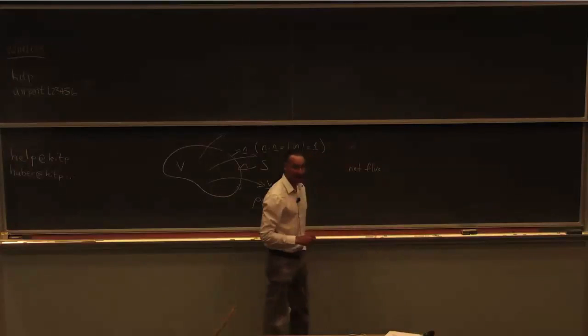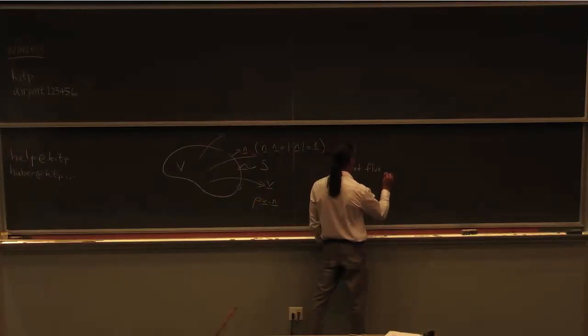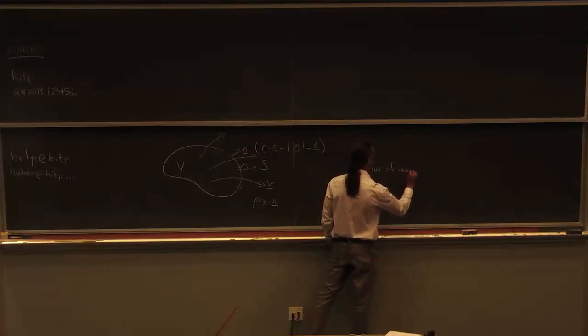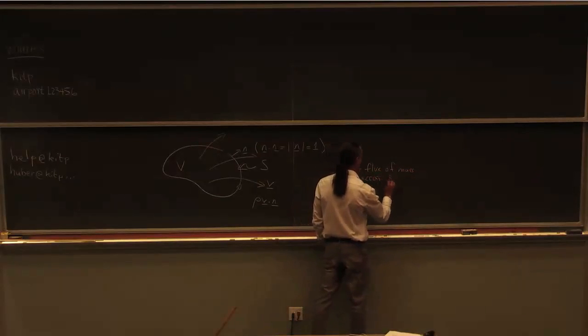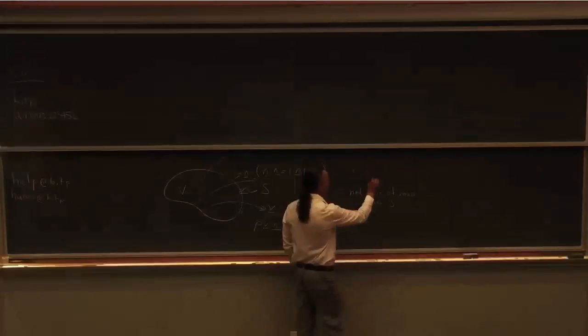Okay, so let's write down then the net flux of mass out of that volume V. And when I use the expression flux, that means mass per unit time per unit area. Net flux. Okay. So at any one point, the mass flux is rho V dot n, right?